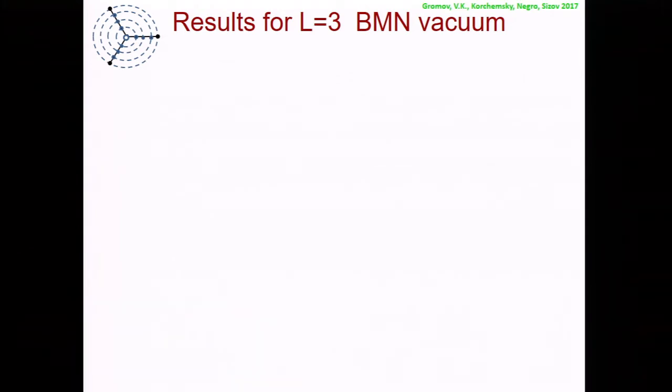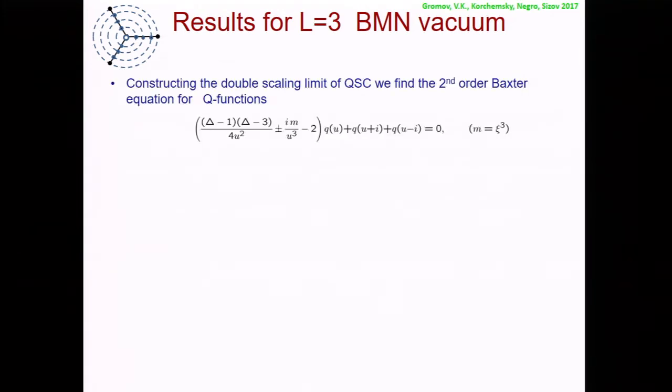We computed these with Nikolai Gromov, Grigory Korchemsky, Stefano Negro, Gregory Sizov. We solved the problem using integrability, combining quantum spectral curve methods and also just the conformal spin chain.